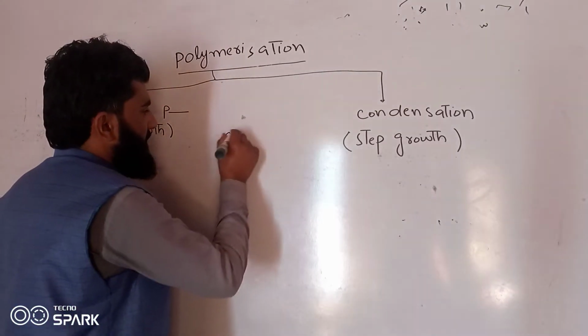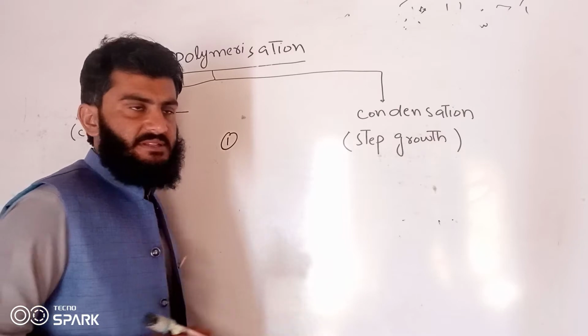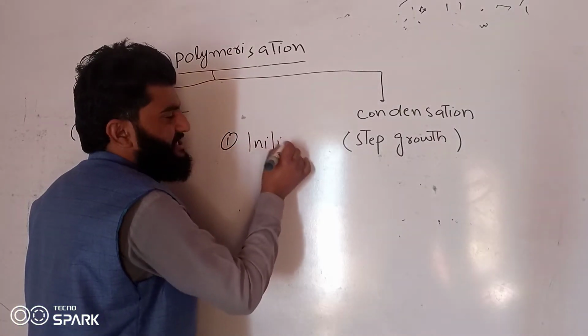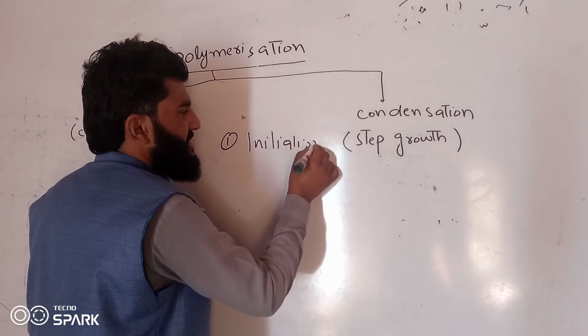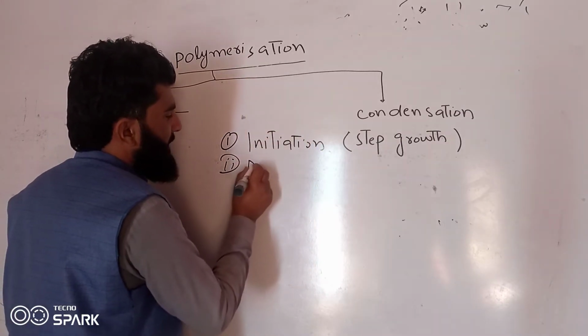Addition polymerization has three main steps. Number one, initiation step. Number two, propagation step.